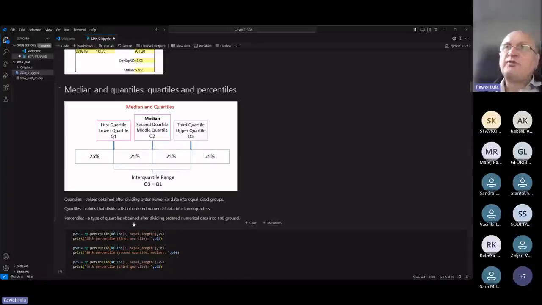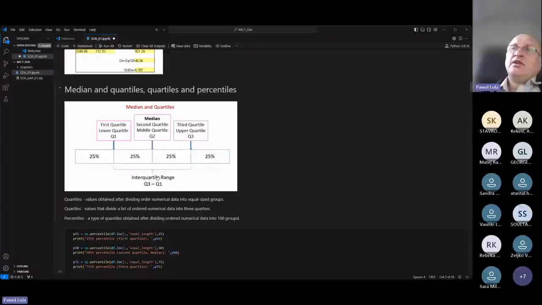Also, it is possible to divide this list of values into 100 equal parts. And then the values between two consecutive parts are called percentiles.